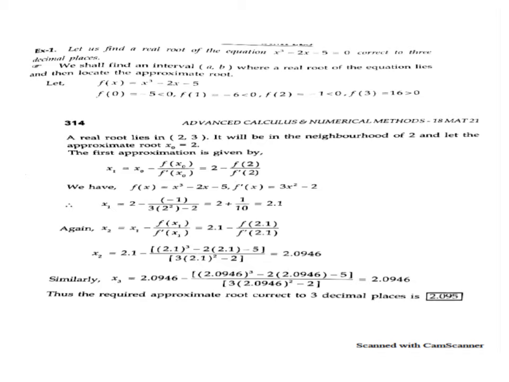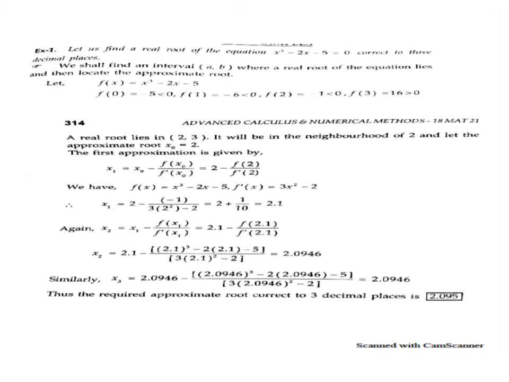So put the value of x as 2.1 in the function. You should calculate the value of the function at 2.1 and also the derivative of the function at 2.1. That is, in the formula, x2 equals 2.1 minus f of 2.1 divided by f dash of 2.1.